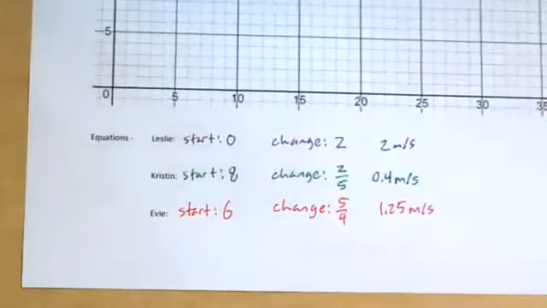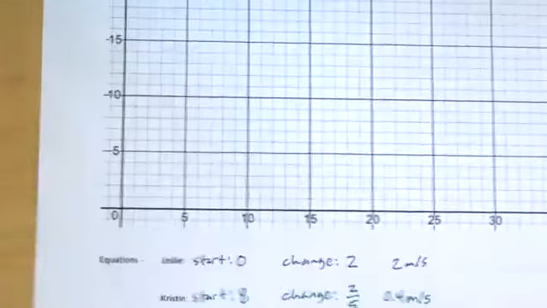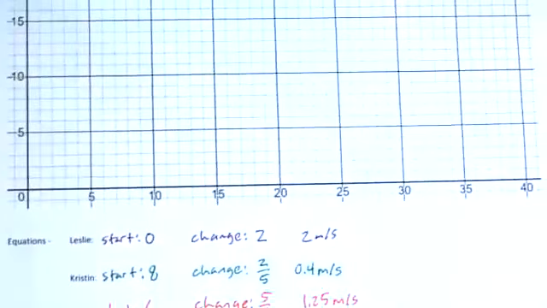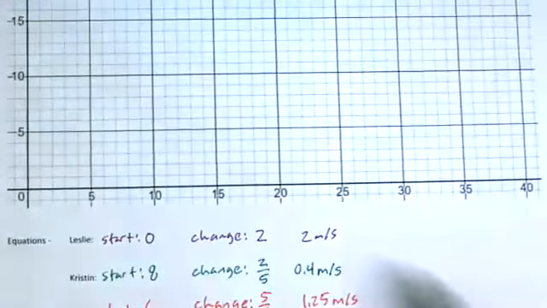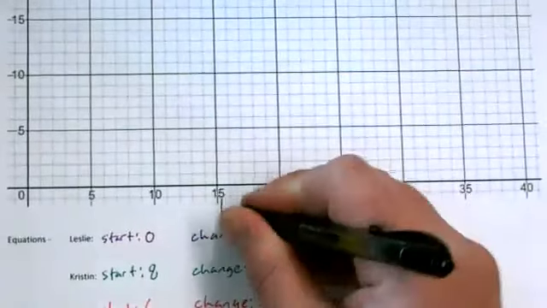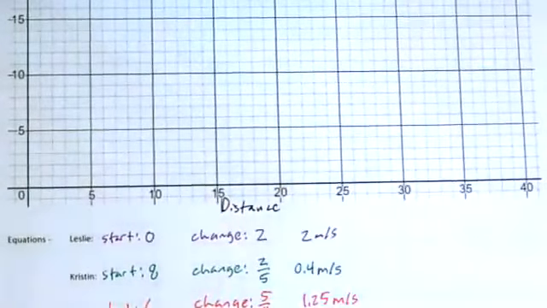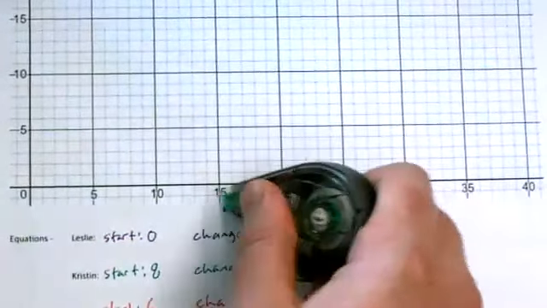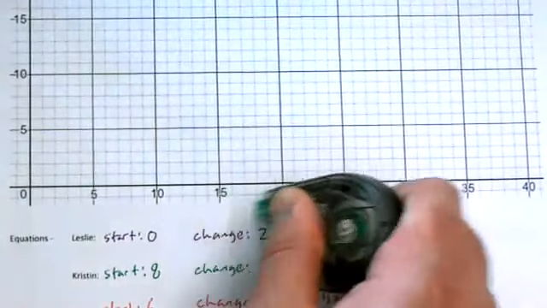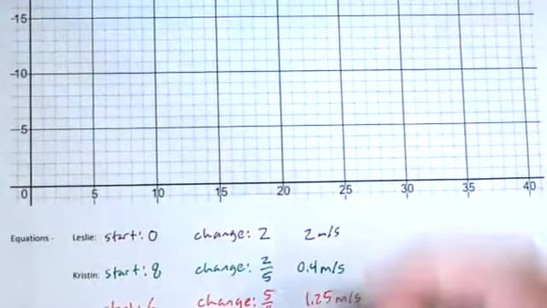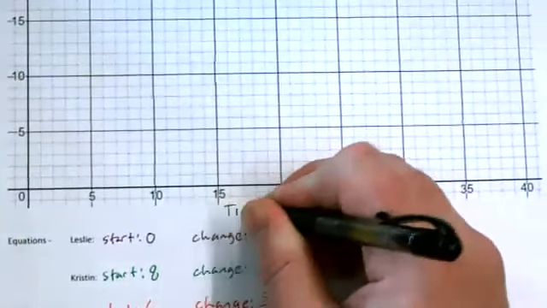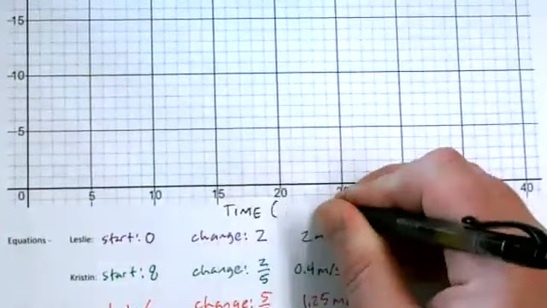So we're going to graph. And when we make a graph of an actual situation, it's usually a good idea to label our axes. So let's label the x-axis down here as distance. No, I'm sorry, I flipped it. The x-axis is time. Sorry, erase that, please, or scratch it out. Time. And what units are we measuring our time in here?